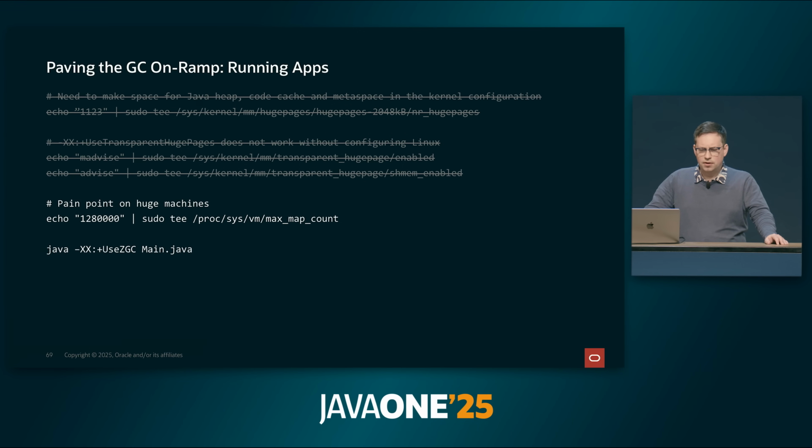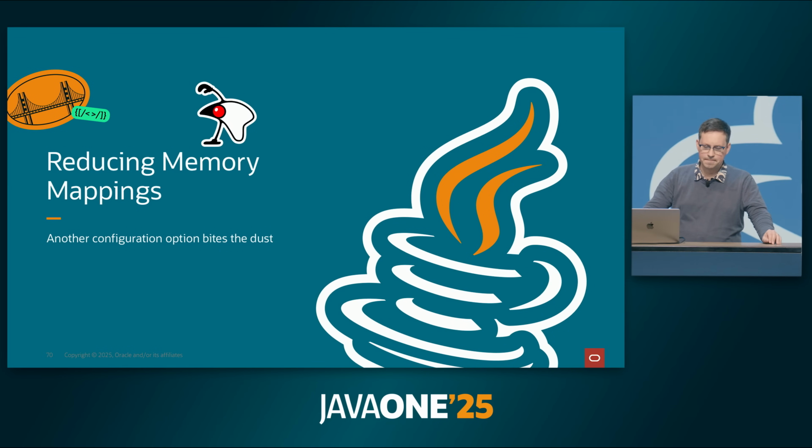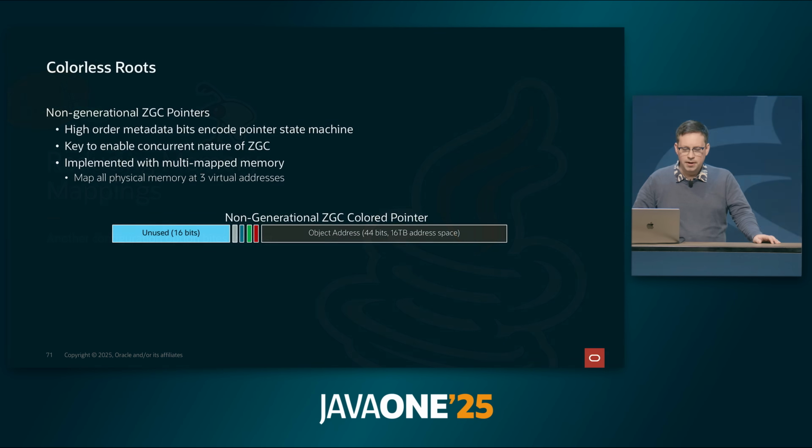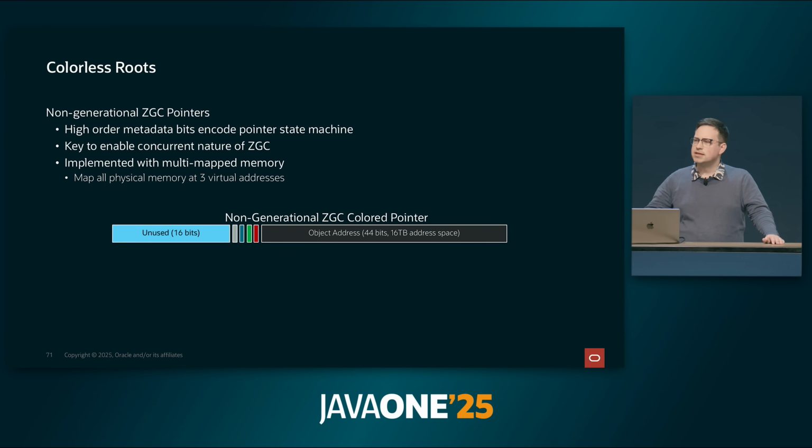We have been working on this as well, and some of this work started with JDK 21. To understand that better, let's talk about pointers. The object references are embedded as something called colored pointers in ZGC.